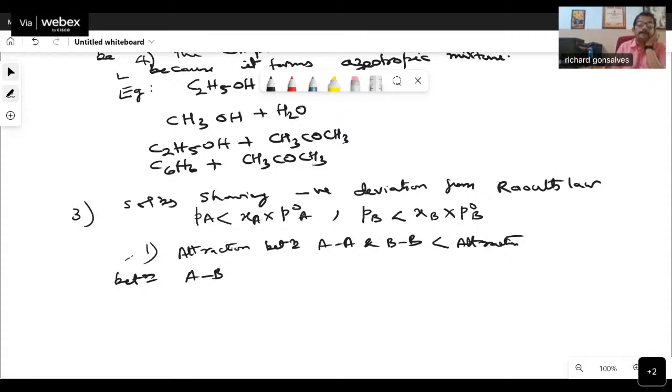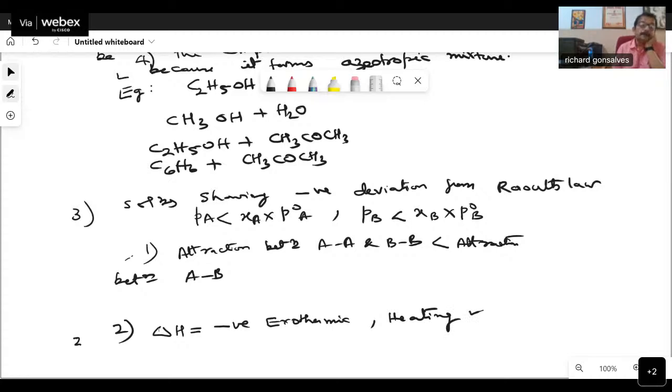As a result, the second point is, when you mix, delta H becomes negative. What does it mean? It becomes exothermic. Heating takes place. When I mix the two liquids, heating is observed.